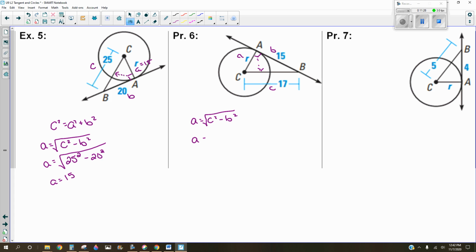My missing radius is A. My C was 17. My B was 15. I'm going to put that in the little setup that you learned back in that other section. And my missing radius is an 8.